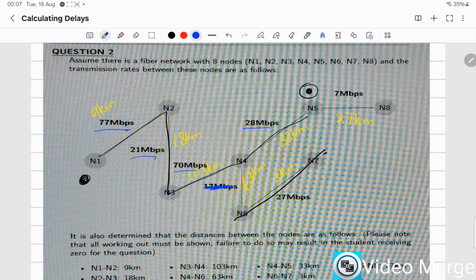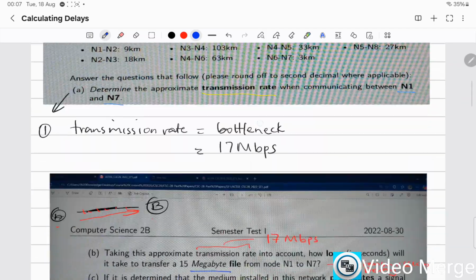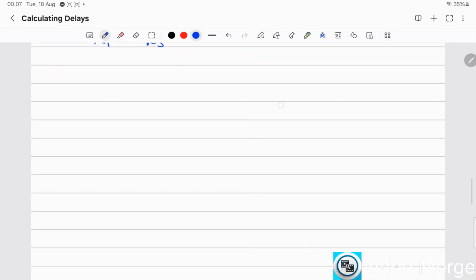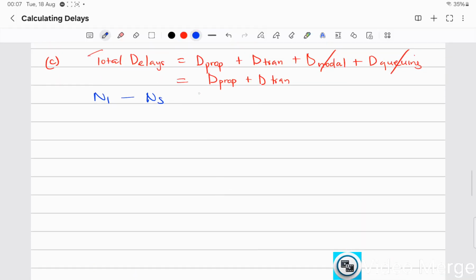This is no longer our case because we're no longer moving this route. So between this 1, 2, 3, 4, we need to determine the smallest, right? In our case, it's 21 megabits per second. That becomes our new bottleneck. Remember, transmission rate equals bottleneck.